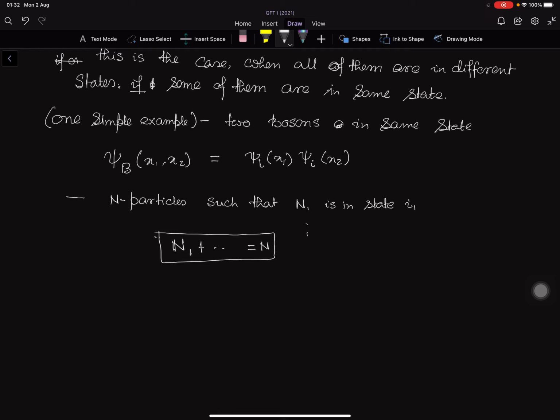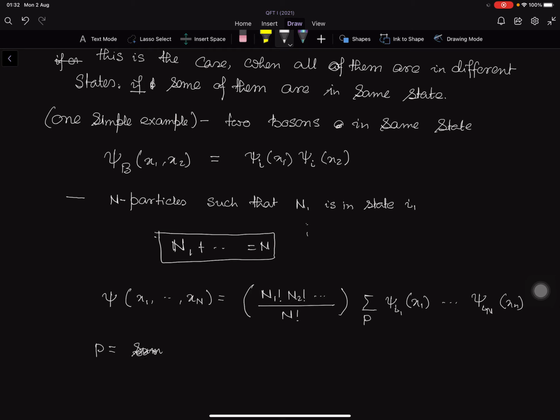In this case, the wave function is, where P is a distinct permutation.